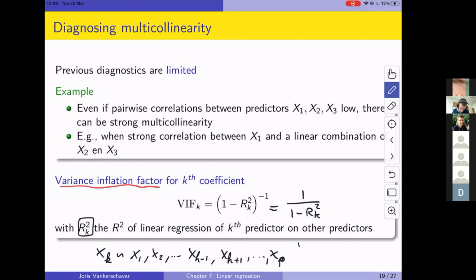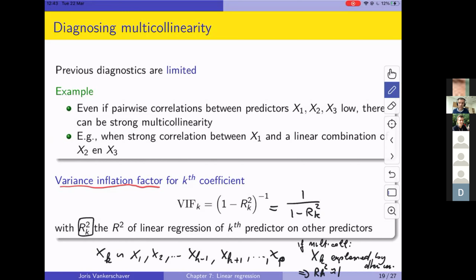So if there's multicollinearity, then xk is explained by other variables, and therefore Rk squared is going to be high, close to 1. And now if we do 1 minus Rk squared, that's going to be almost 0, and 1 over 0 is going to be almost infinity.